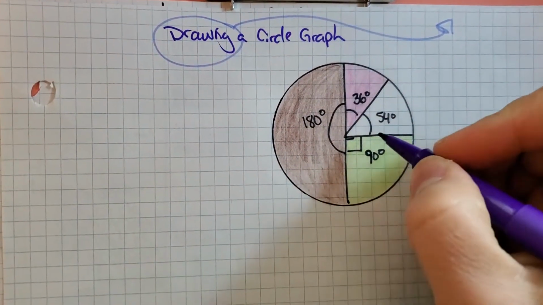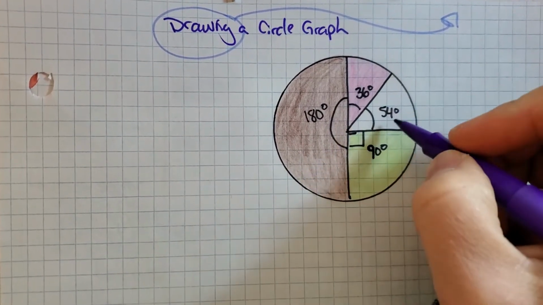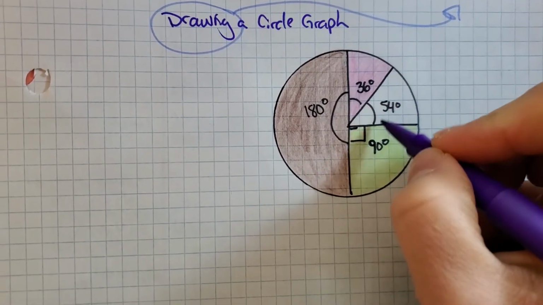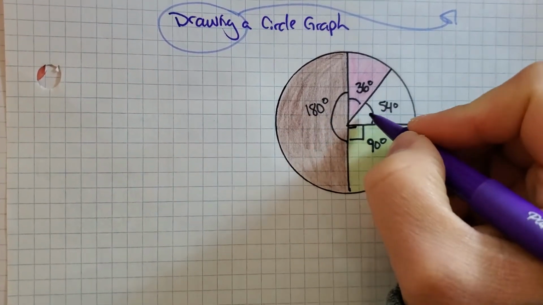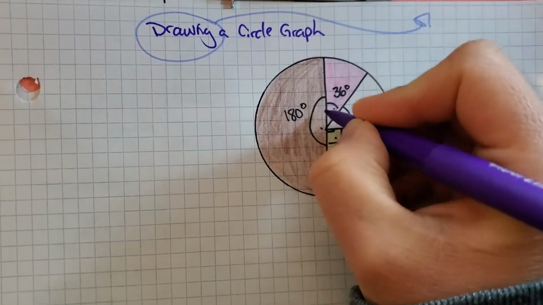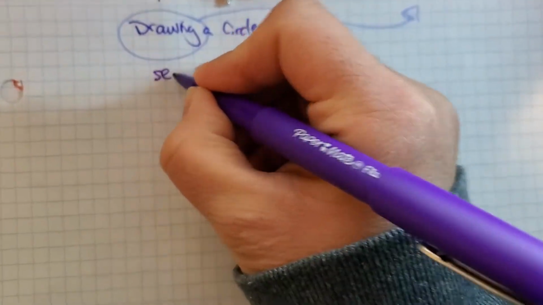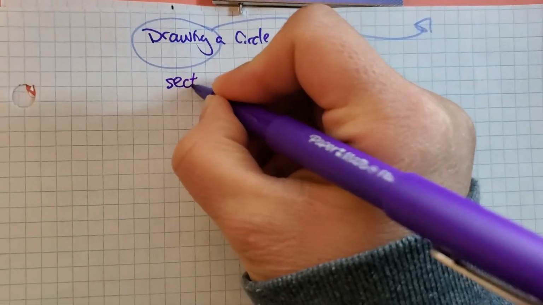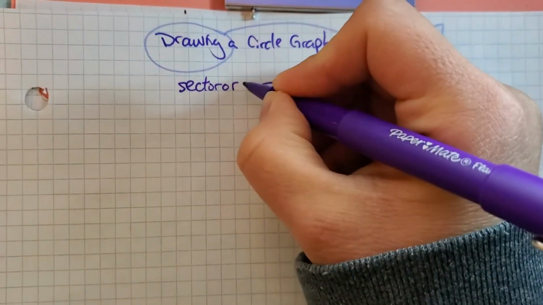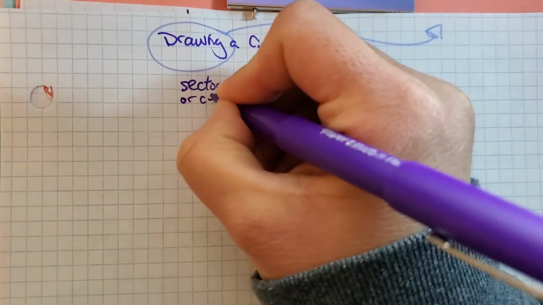So this is what our finished project is going to look like. And I just want to draw your attention to the degrees, because all of these angles, this one, this one, this one, this one, are called sector, or central angles.